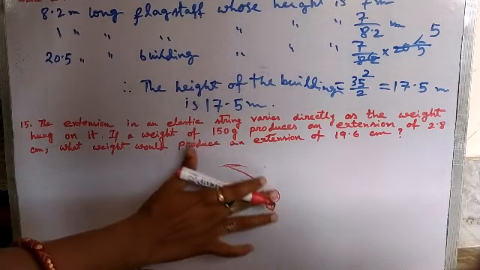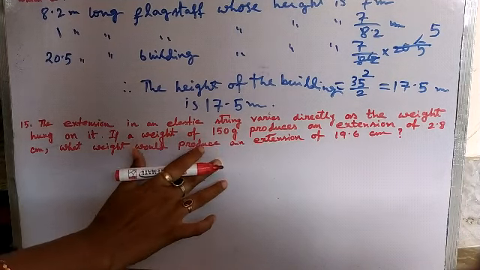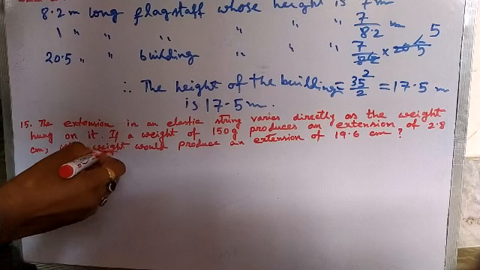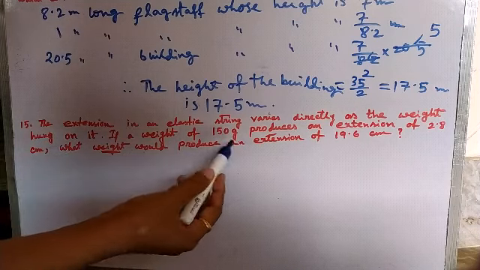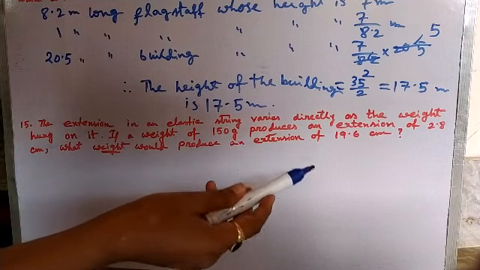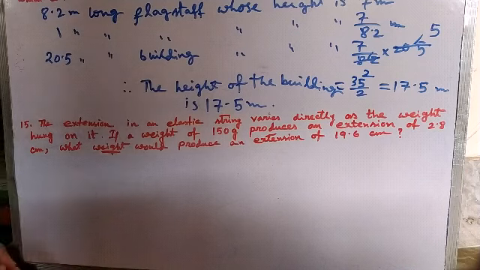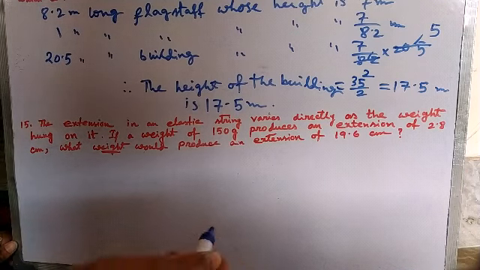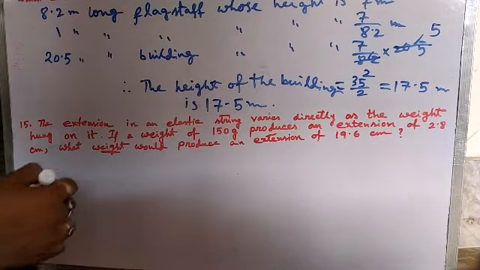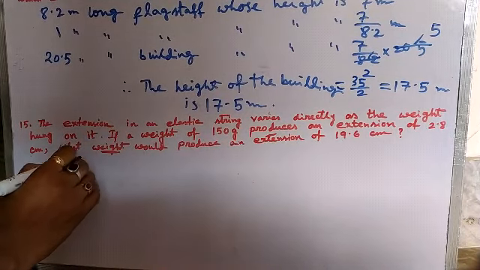So here we have to find out the weight which produced an extension of 19.6 centimeter. So that weight will be in the right side and that length of the extension will be in the left side. So we'll start it.